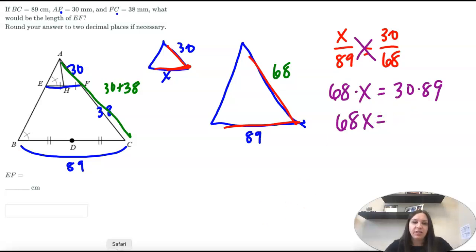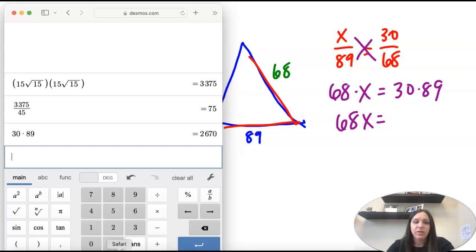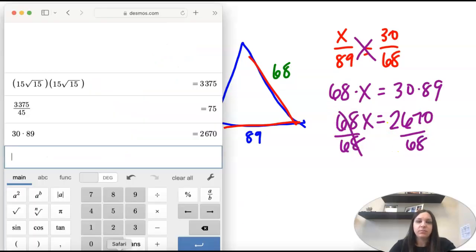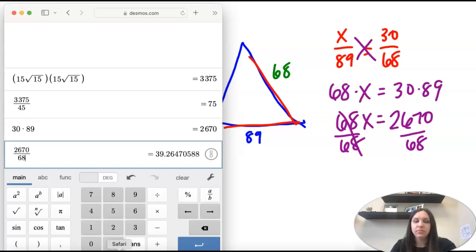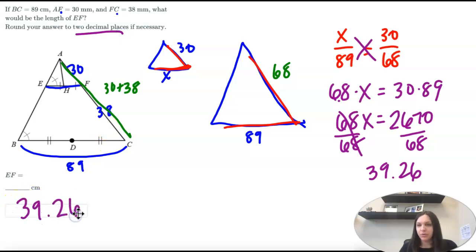So we're going to take 30 times 89, 2670, and then divide that by 68 to get x by itself. That is 39.26, rounded to 2 decimal places. That means 2 numbers after the decimal.